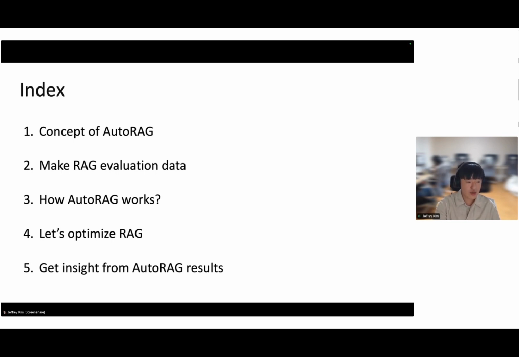Next, I will talk about how AutoRAG works. The next part is optimizing RAG with AutoRAG, where I will show you some code. And finally, an important part: how to get insight from AutoRAG results.